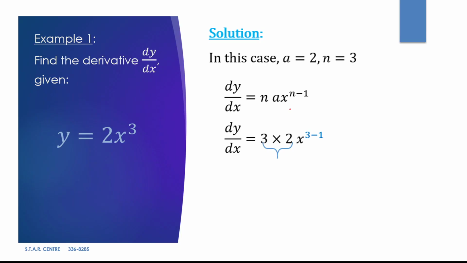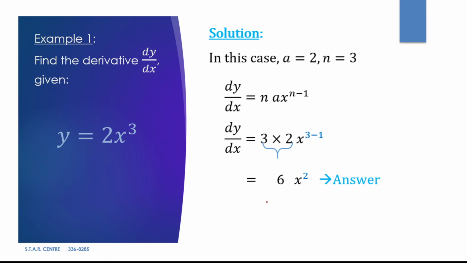Substituting our values of n and a gives us 3 multiplied by 2x to the power of 3 minus 1. Simplifying, 3 by 2 gives 6, and the power can be simplified as well, 3 minus 1 gives 2. So 6x squared is our final answer.